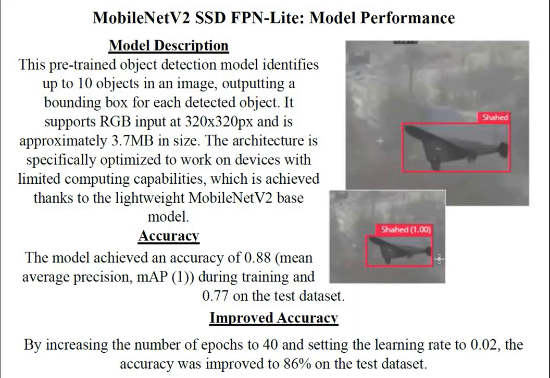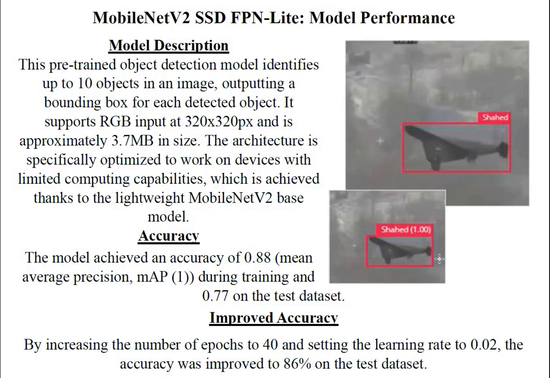It supports RGB, three color inputs at a not very big but sufficient resolution, and it's approximately 4 megabytes in size. It's actually not very small, but it's not very big and can be applied on board of small devices with constrained calculating capabilities, but not for all of them.